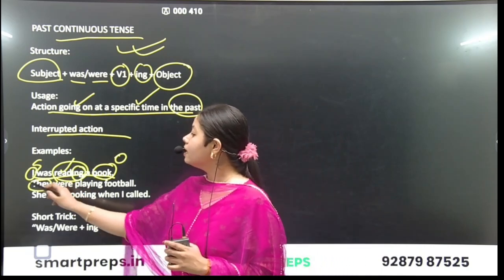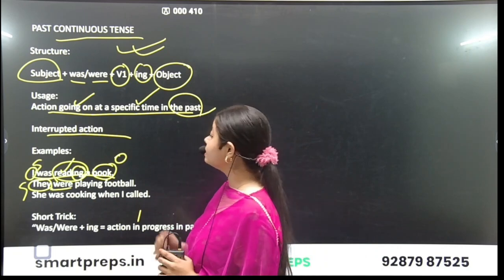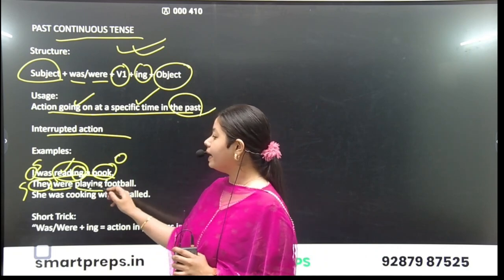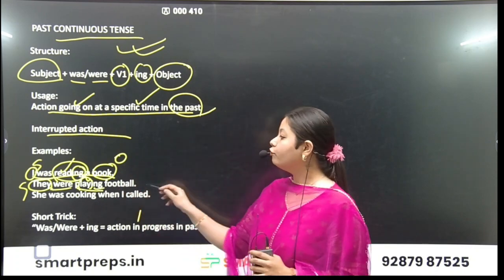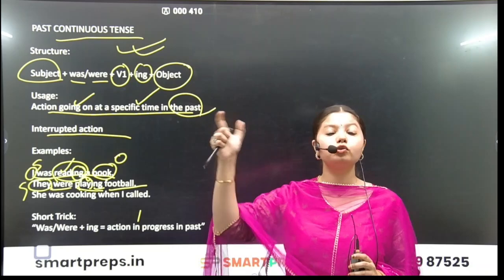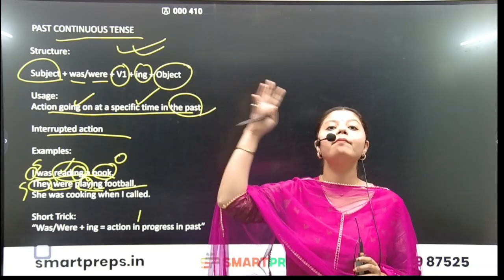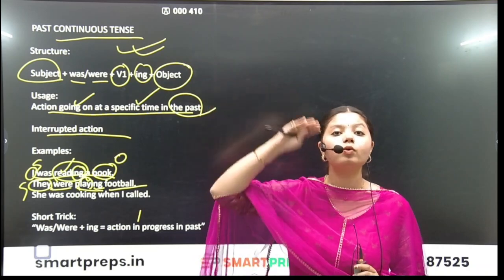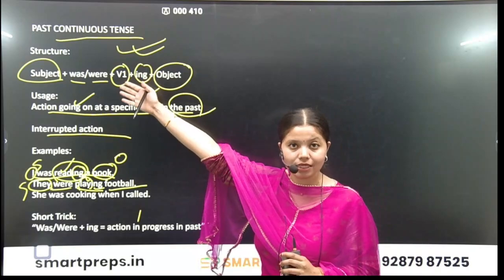They is subject. Was or were will be used in past continuous tense. Then playing. Play is the verb, ing is used, and football. So they were playing football around so and so specific time. It means at that specific time the action of playing football was going on. That is why we say past continuous tense.